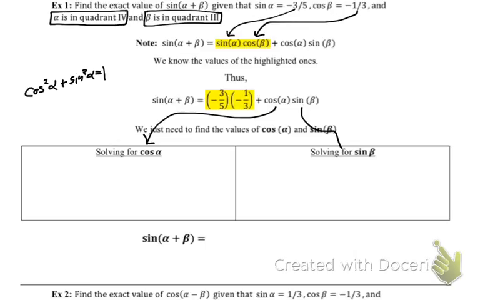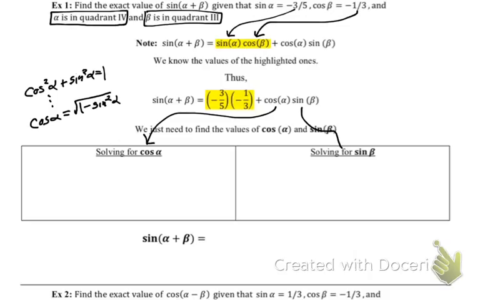The reason I'm writing that up there is that if I manipulate this a little bit, subtracting sine squared from both sides and taking the square root, we see that cosine alpha equals the square root of 1 minus sine squared alpha. Knowing this, or coming up with this before you do any of these, can save you a bunch of space and pointless mistakes. So we're going to use that fact to solve for cosine and for sine.